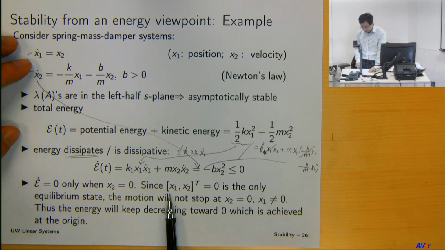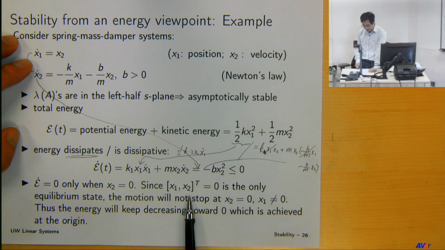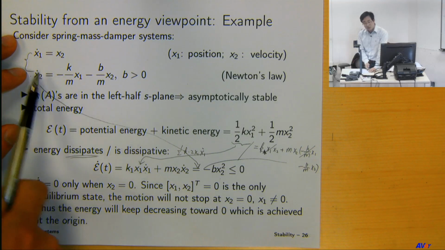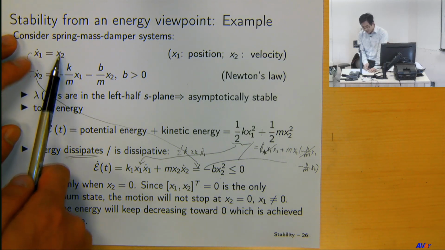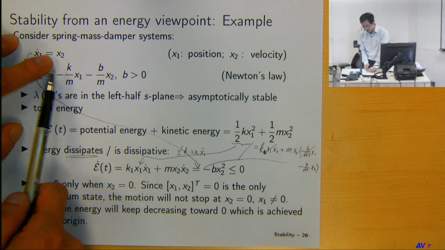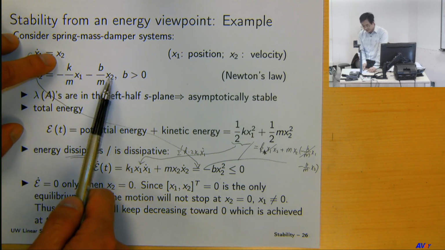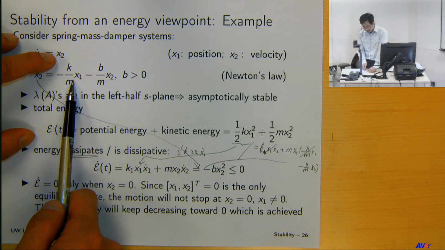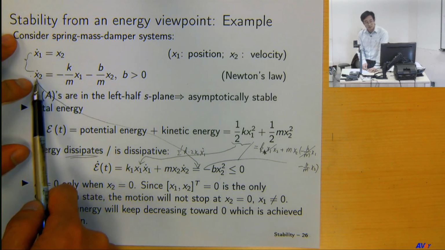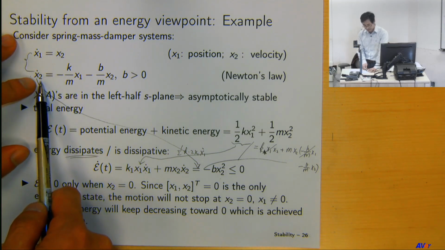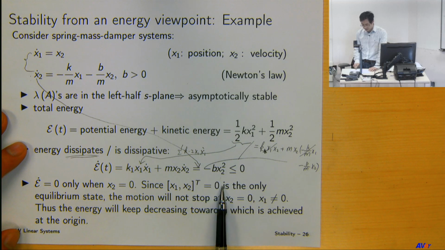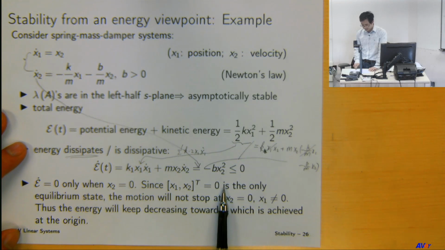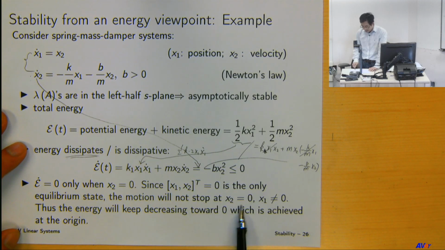Now take a look at the equation. The only equilibrium point for the system, where the equilibrium point is the concept that x1 dot is 0 and x2 dot is 0. So the only way for these two equations to be 0 is x2 being 0, and if x2 is 0, x1 must also be 0 in order to make x2 dot 0. So that means the only equilibrium point for the system is the state being at the origin.